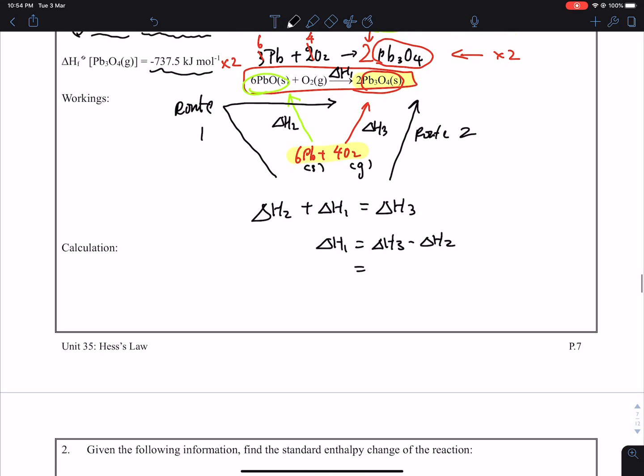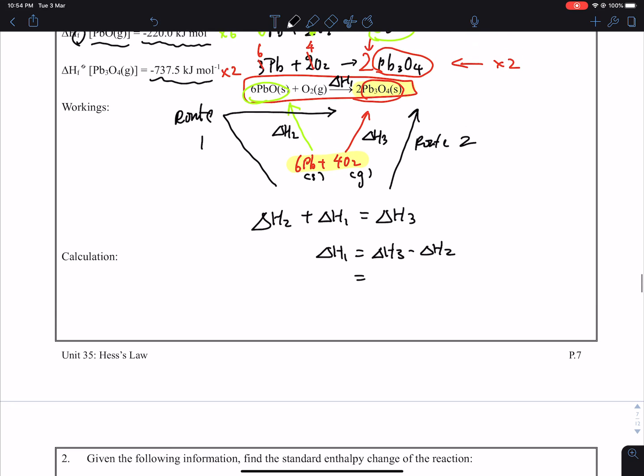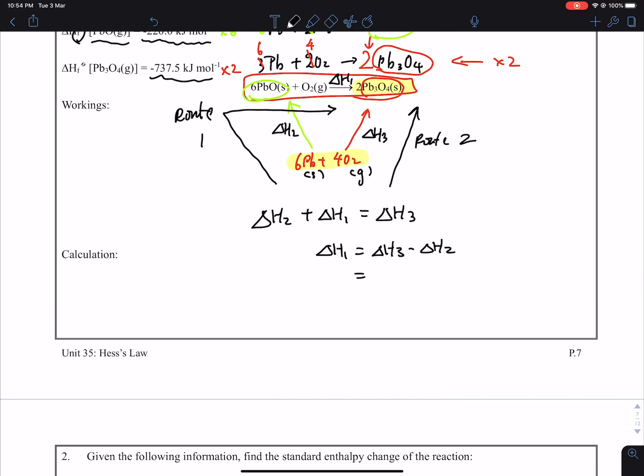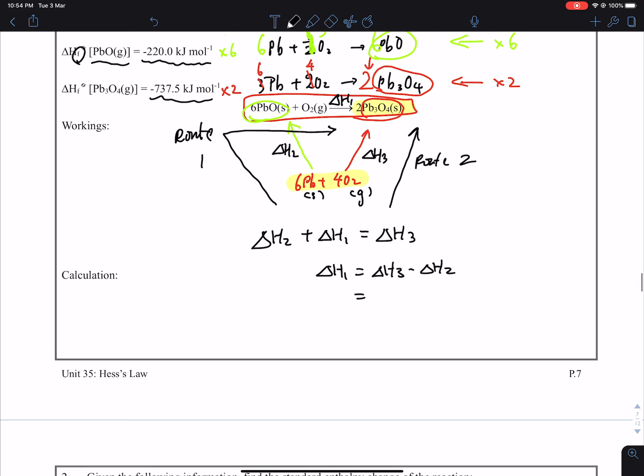And then we try to plug in all the information from above. Don't forget delta H3 has to be multiplied by 2. This is delta H3 and this is delta H2. Let's take a look. Negative 737.5 times 2 minus negative 220 times 6.